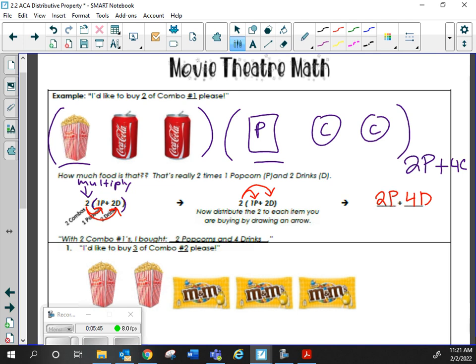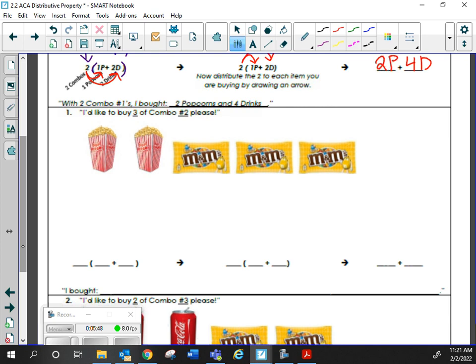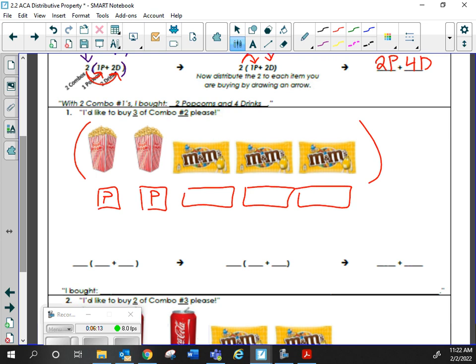Okay, so let's do one more example, and then I'll let y'all do another one on your own. Next question, it says, I want to buy 3 number 2s. So this is 1 number 2. We need how many of these? 3. Okay, so if that's 1, how many more popcorns am I going to have? Well, that's a popcorn. And then I'll draw a rectangle. So that's 1 number 2.